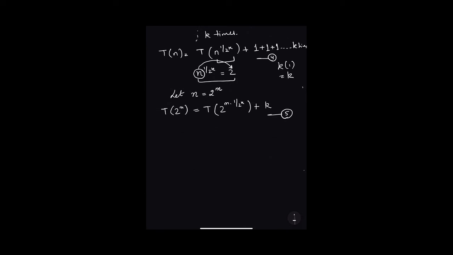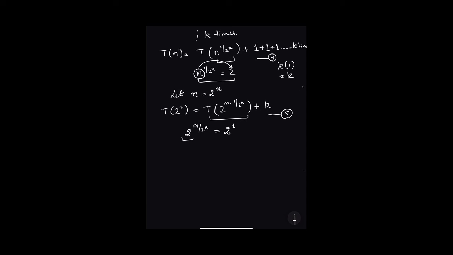Right? So now again we'll check what my stopping condition is. So my stopping condition is when this value is equal to 2. So I can say that 2 raised to the power of m by 2 to the k is equal to, suppose, 2 raised to the power of 1.